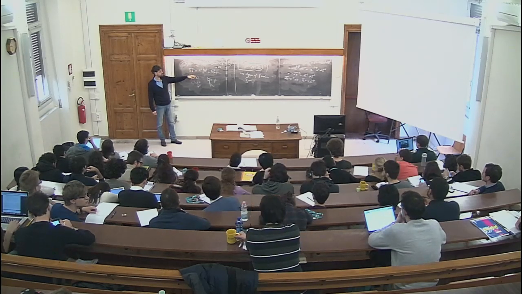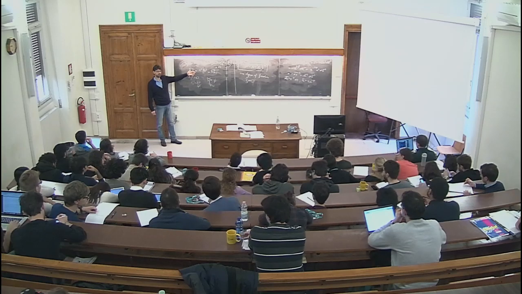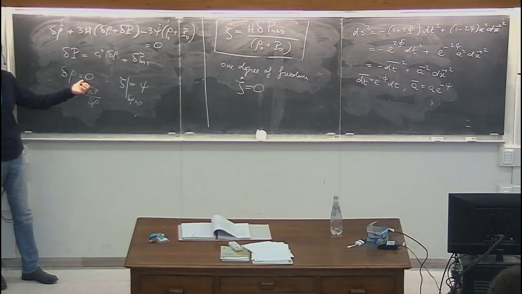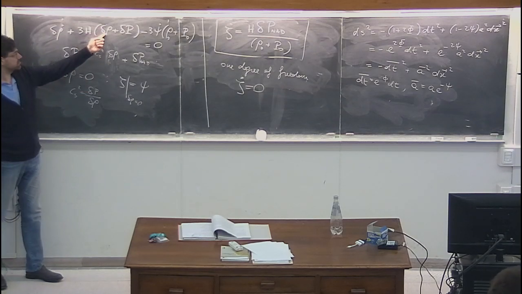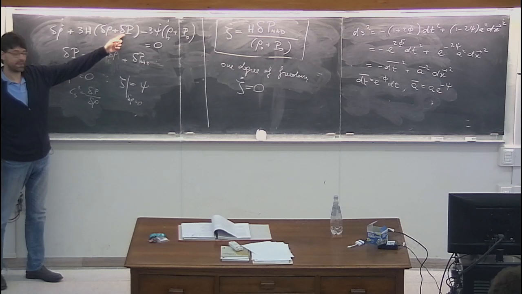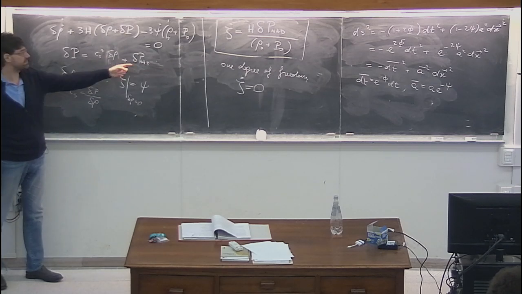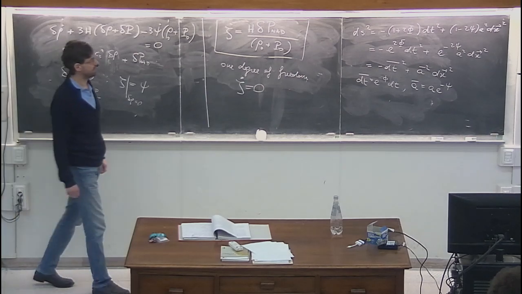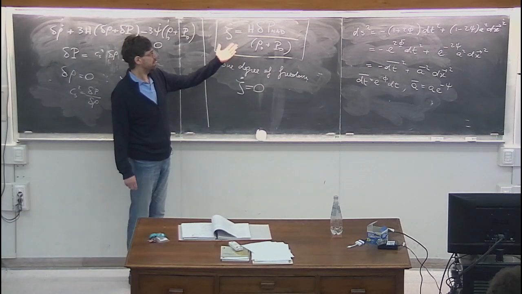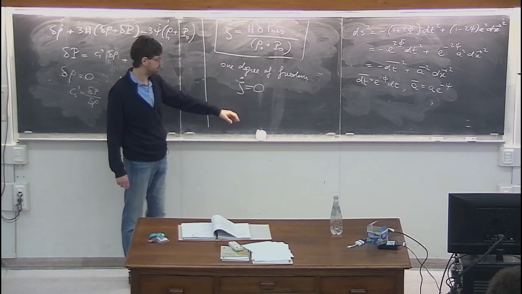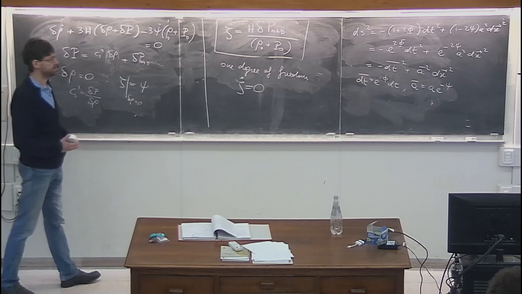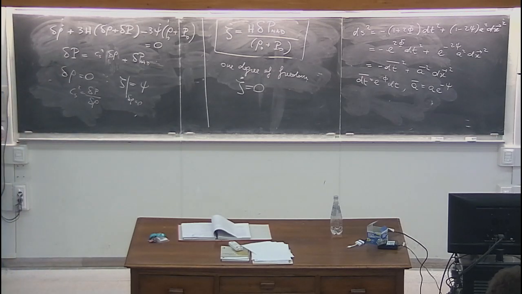But here, in order to show that zeta is constant on super-Hubble scales, I'm using the shortcut of the delta rho equals 0 gauge, and therefore this piece goes away. This piece goes away, then the adiabatic part of the pressure goes away, and then I'm left only with that. Of course, if you work in another gauge, you're going to find the same result, because this delta P non-adiabatic you can also make gauge invariant. Okay, other questions?